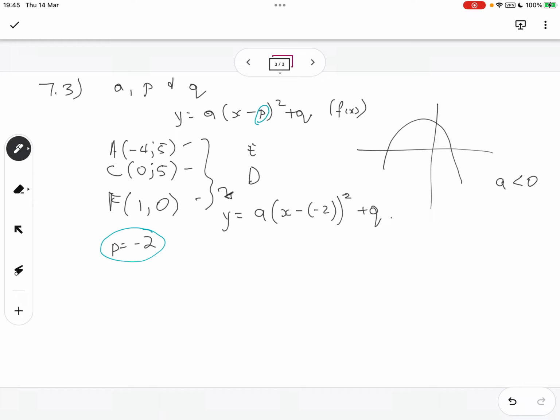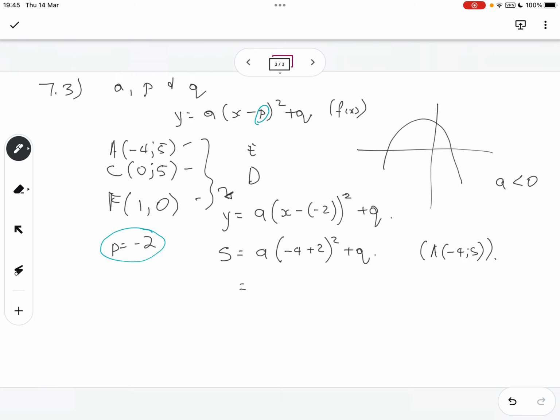Now we can look at one of these 3 points and substitute into the equation. So let's take, for example, 5 is a into (-4 plus 2) squared plus q.